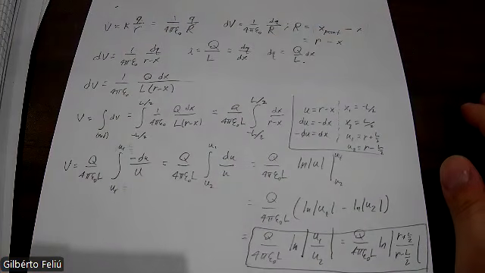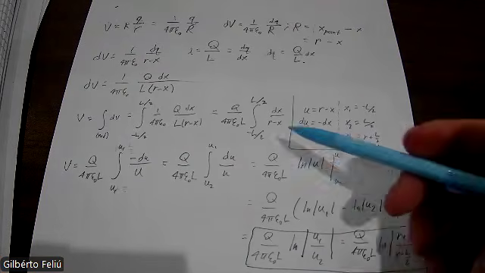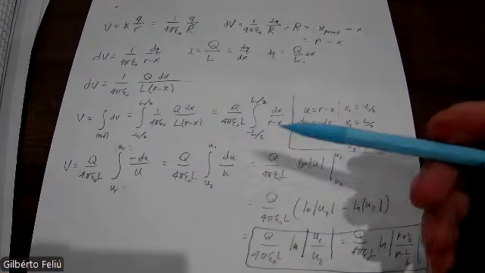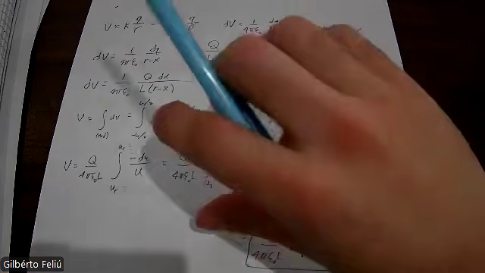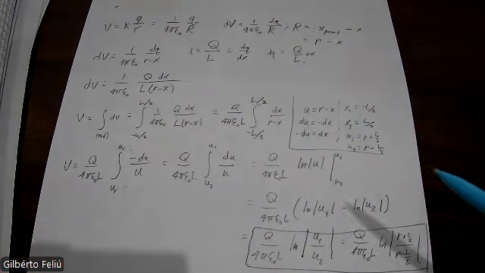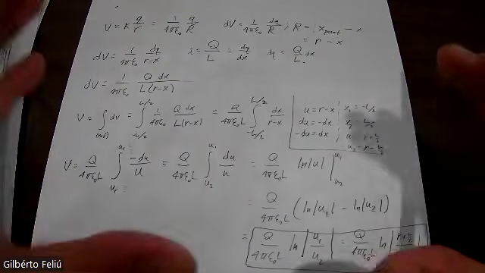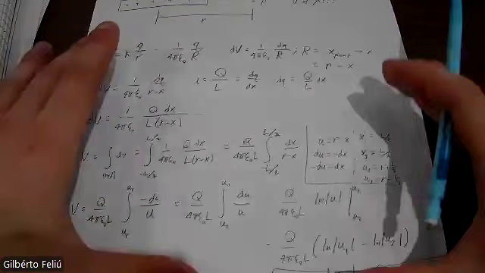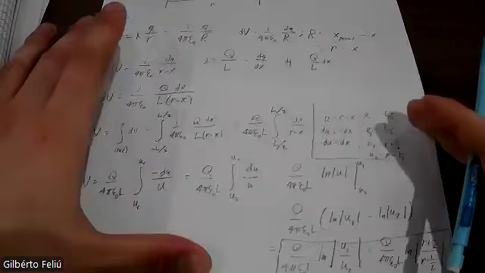Besides that, you have to remember a few calculus properties: a negative reversing the bounds of the integral, the natural log, and also the log property. So there are more concepts you would have to remember for this specific problem.